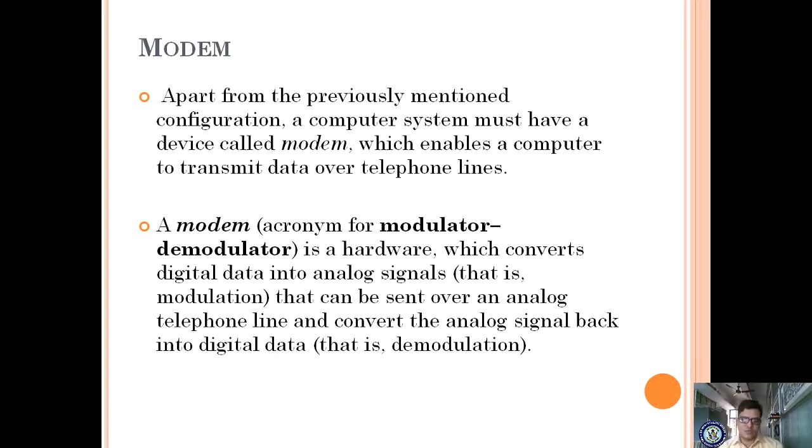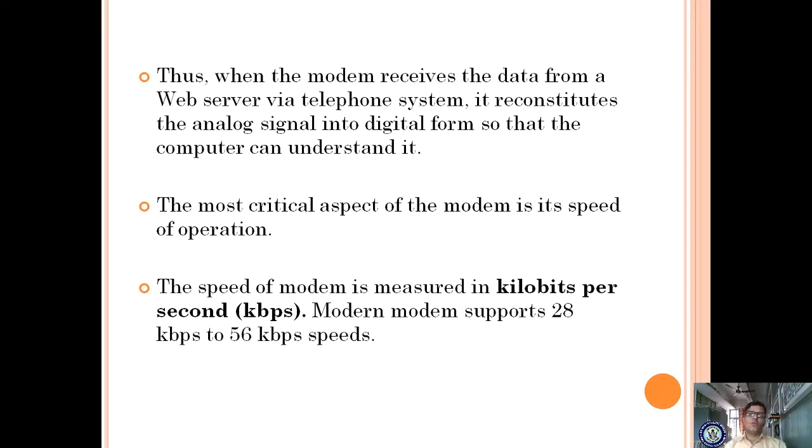That's it. Thus, when the modem receives the data from a web server through the telephone system, it reconstitutes the analog signal into digital form so that the computer can understand it. So when the modem receives the data from the web server, how is it receiving?